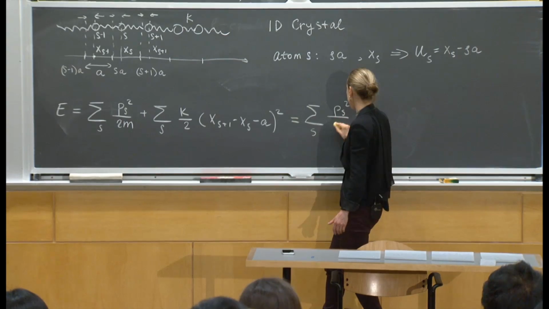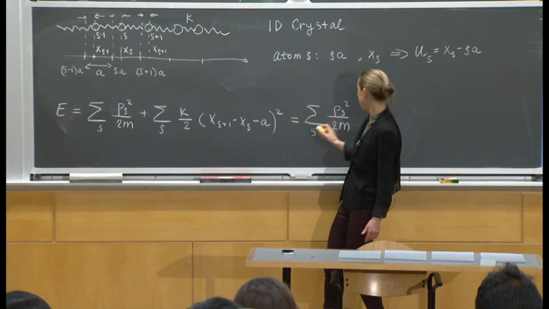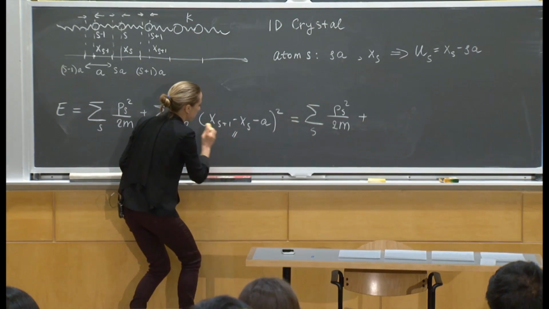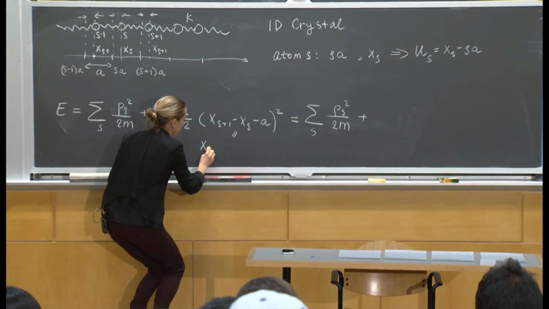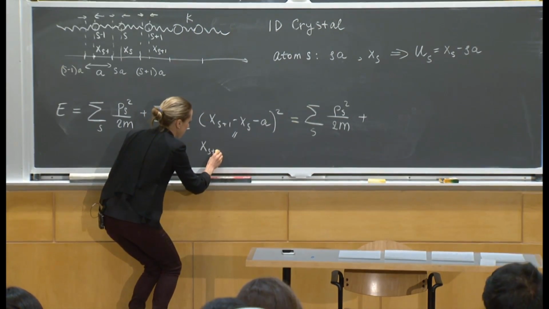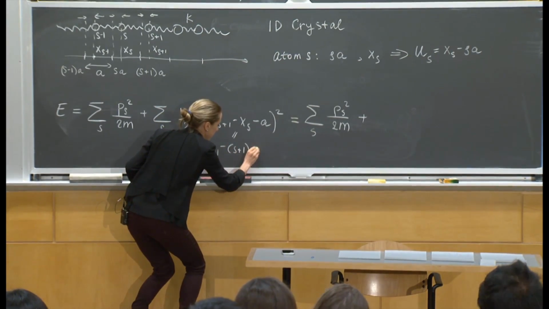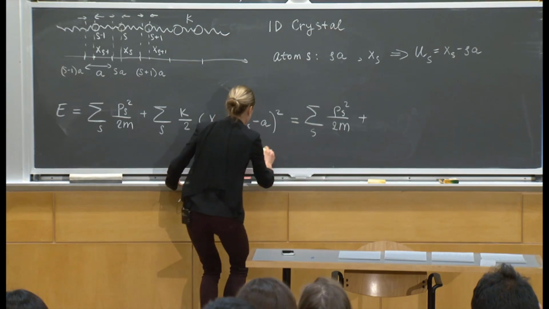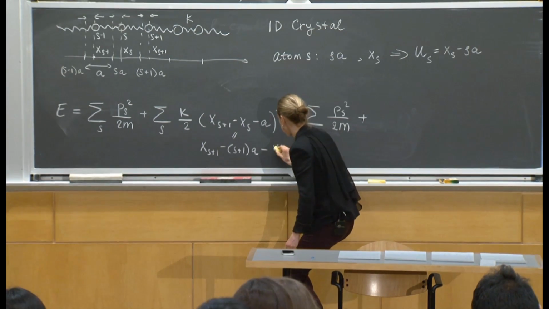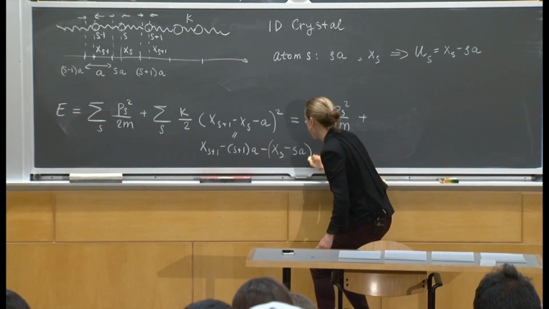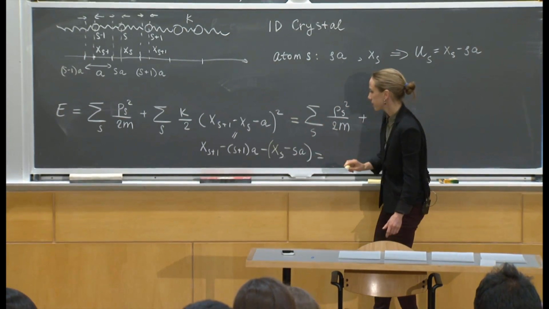So our kinetic energies stay unaltered, but this thing here I can write differently. I can write it as x_{s+1} minus (s plus 1) multiplied by a, minus x_s minus sa, right?